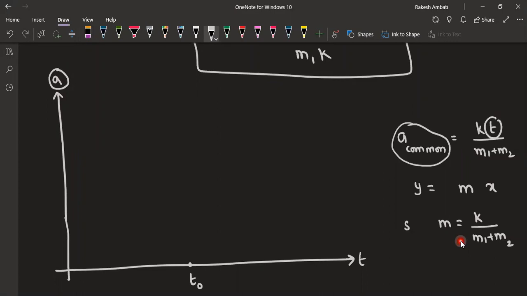So y equal to mx means the nature of the graph is a straight line or a curve? Does y equal to mx pass through the origin or not? And what about y equal to mx plus c?